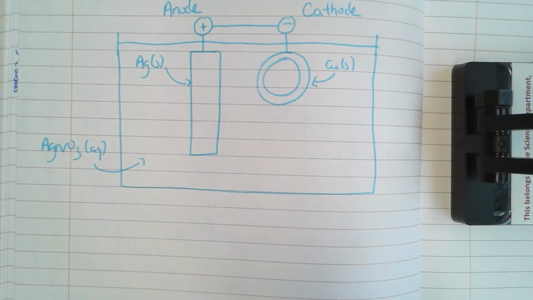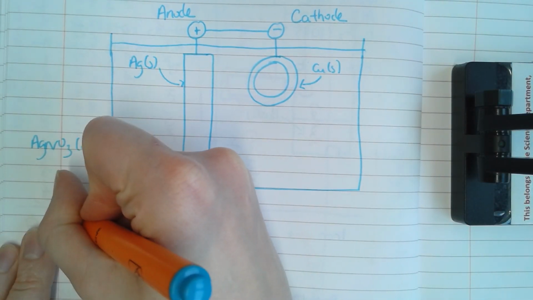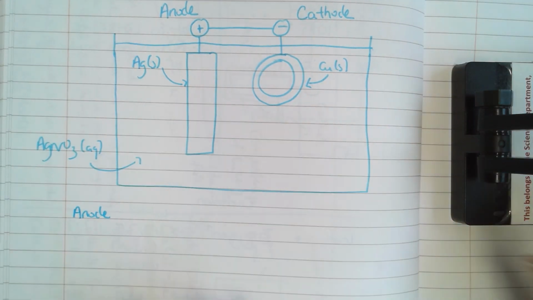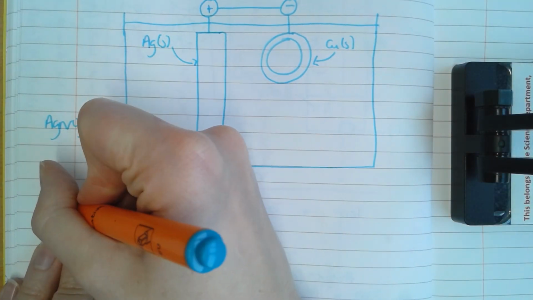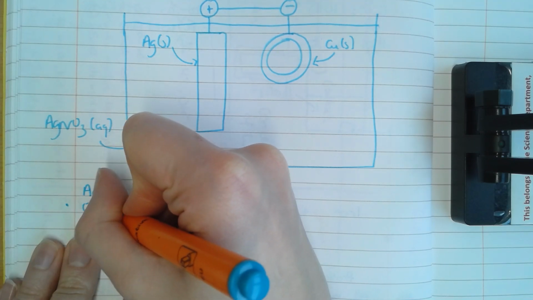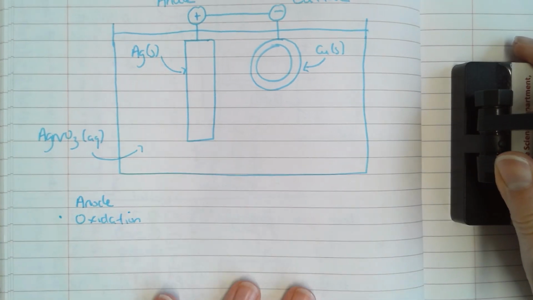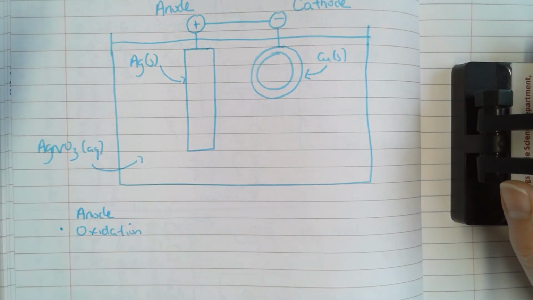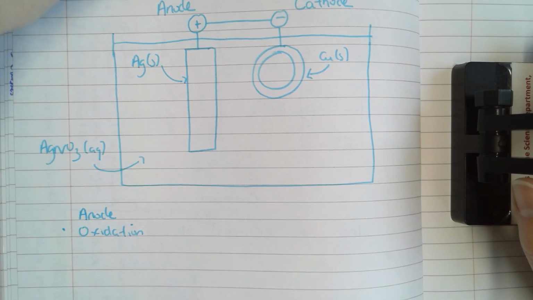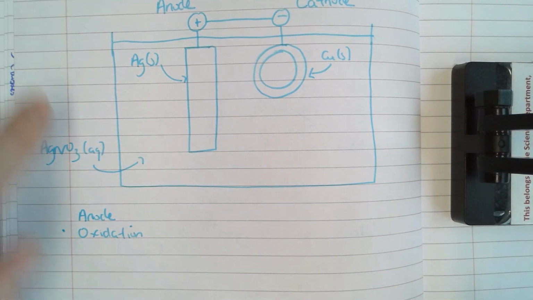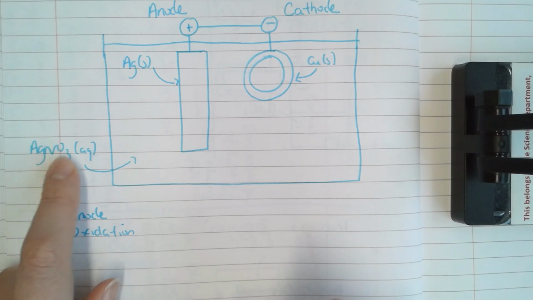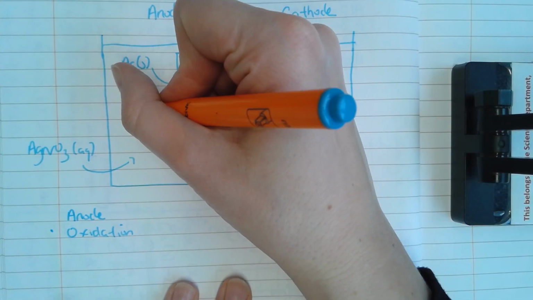So let's start by looking at what occurs at the anode. Hopefully by now we know that at the anode you are always going to get oxidation. So something is going to have to lose electrons at the anode. If we look at what our ions are, to the positive anode I've got silver nitrate that contains the nitrate ion.